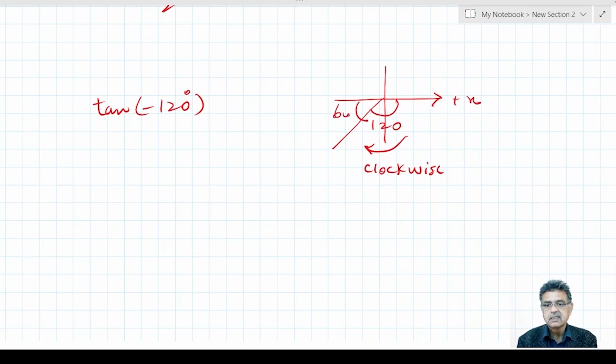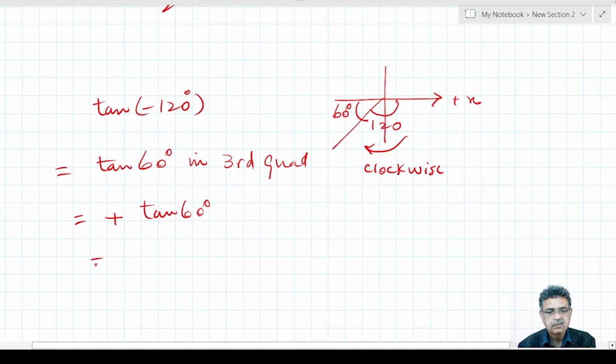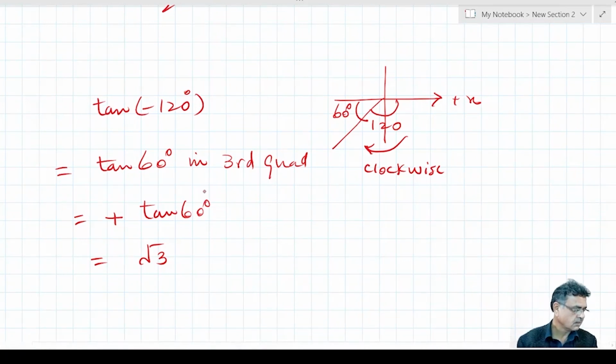So its basic angle is 60 degrees. So we write it as equal to tangent 60 degrees in the third quadrant. What is the sign of tangent in the third quadrant? That is positive tangent 60 degrees, and its value is root 3. So this is the way we can understand now.